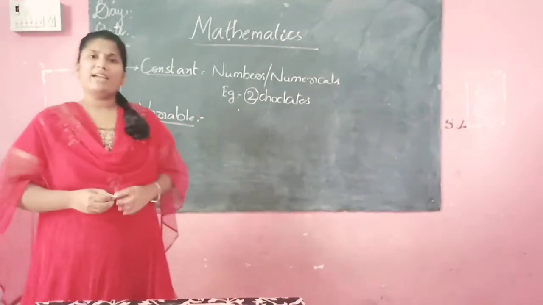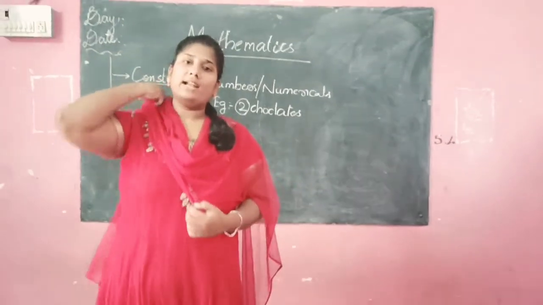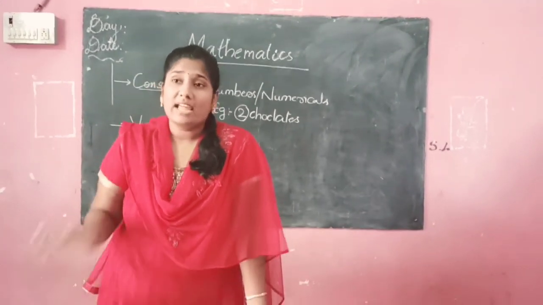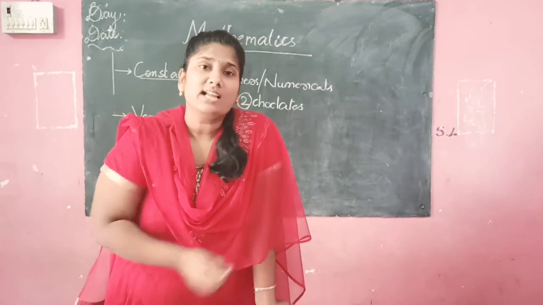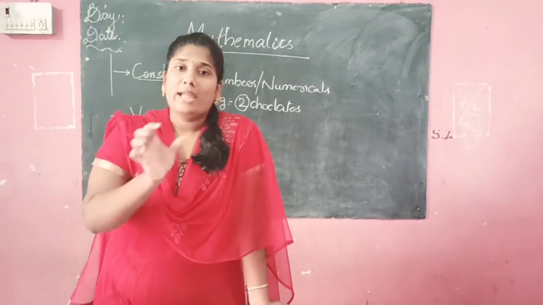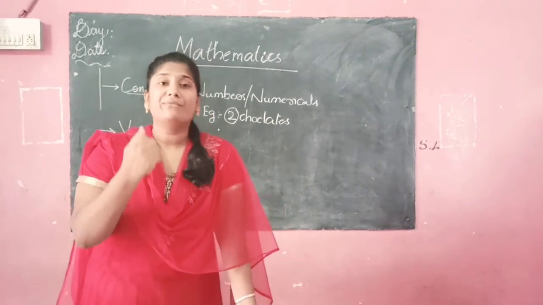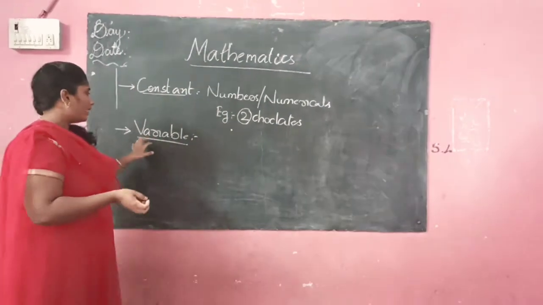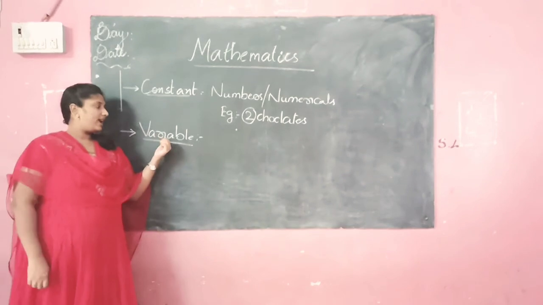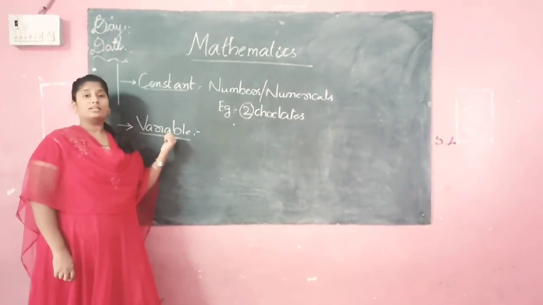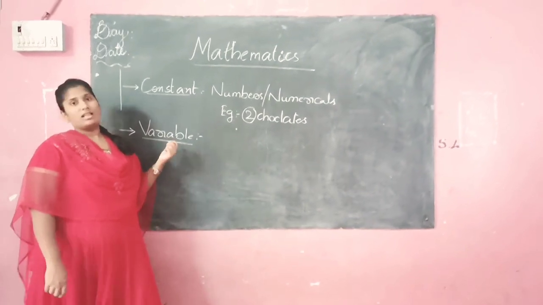Variable. What is a variable? How can we denote a variable? In the name itself, we can find that variable lone it will vary. Vary means different. It will differ.